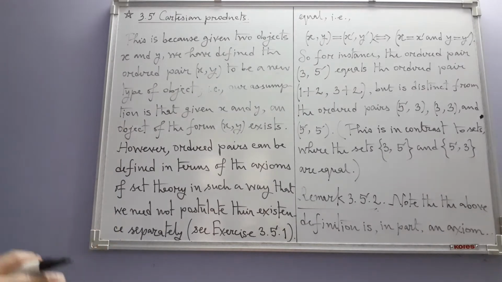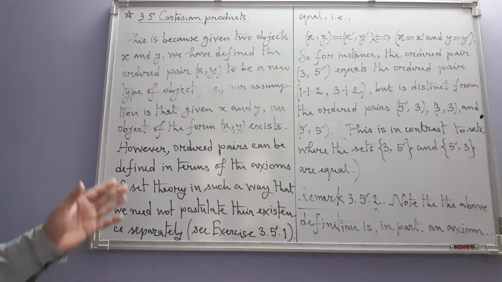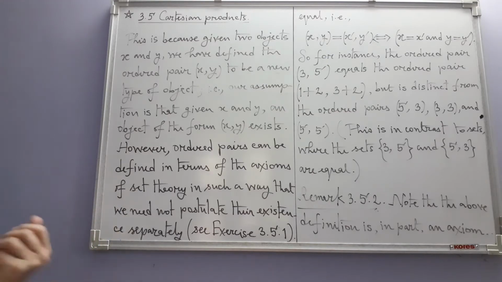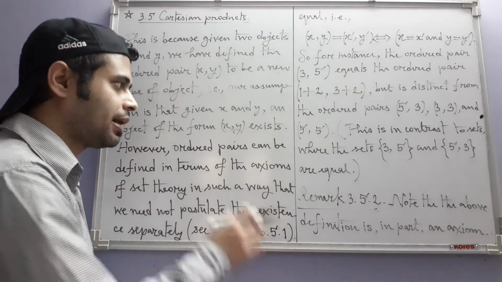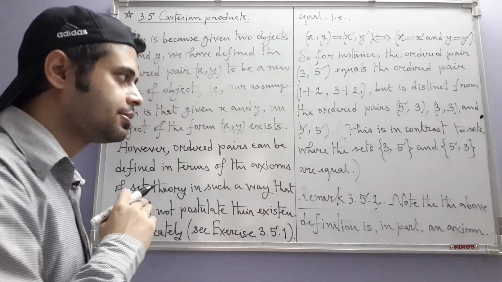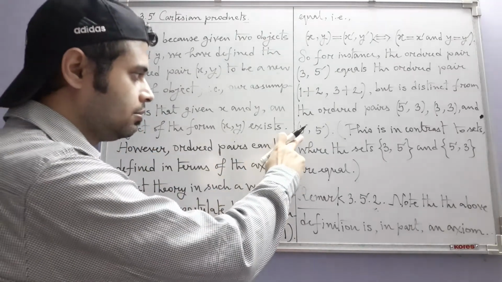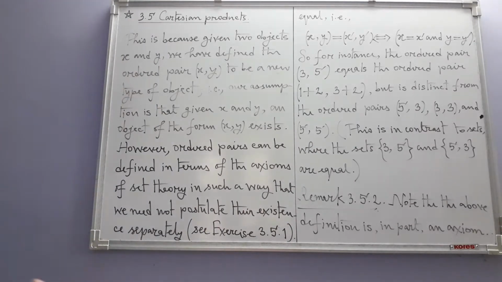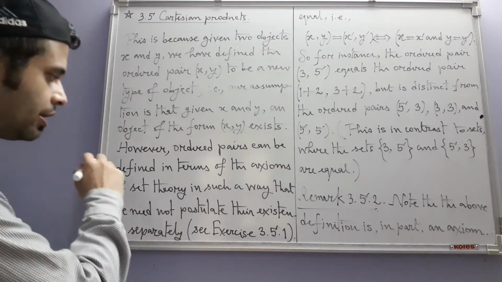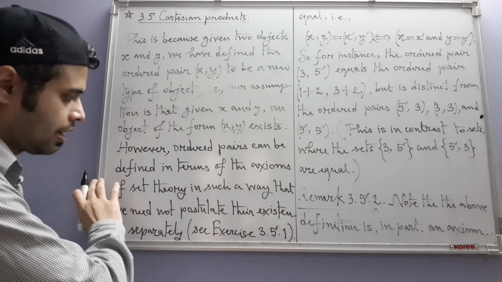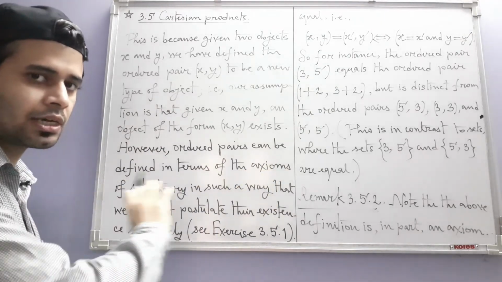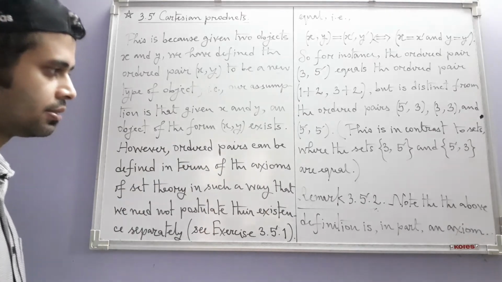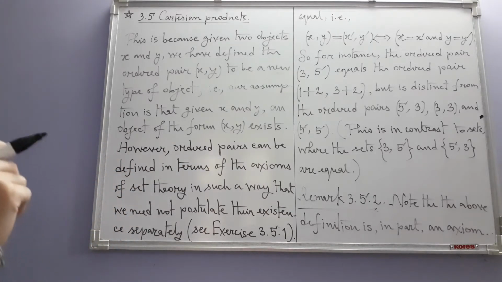Usually at a lower level, when we are introduced to Cartesian products, ordered pairs are taken as some primitive object about which we already know, and that comes from the fact that at a very early stage in our mathematical development, we are introduced to graphs of functions. While drawing a graph, we are first asked to make a table of some values of the function at some points, then that table gives us some ordered pairs of x and y coordinates.